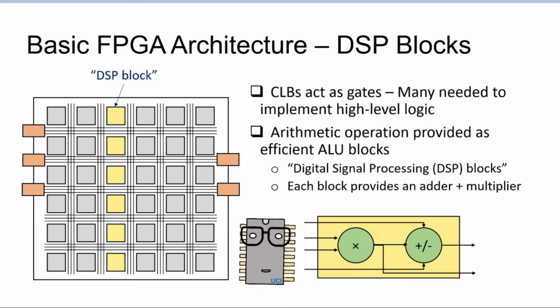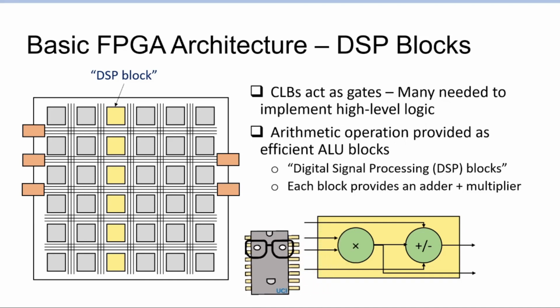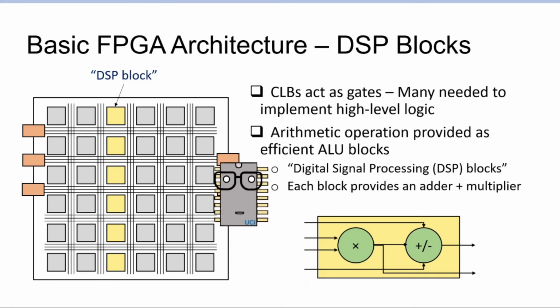But instead of having to expend transistor resources to build these arithmetic operations, you can use these things: little shards of ASIC implementation of important functionality. These are usually called digital signal processing blocks, DSP blocks, because in the olden days, DSPs were what these things were typically used for.